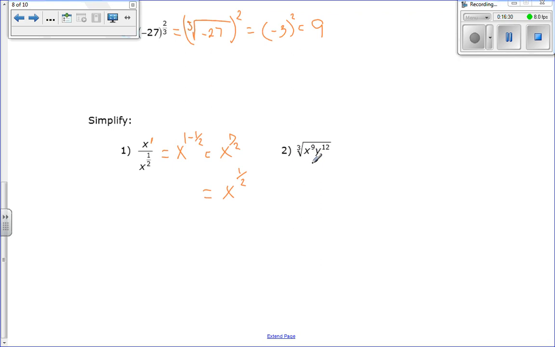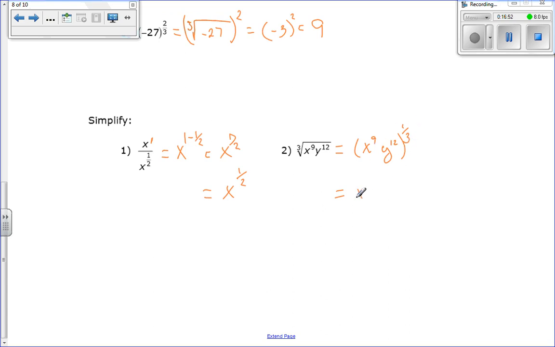Now, for number 2, we can rewrite this as x to the 9, y to the 12, raised to the 1/3 power, and then simply multiply because I have a power to the power.